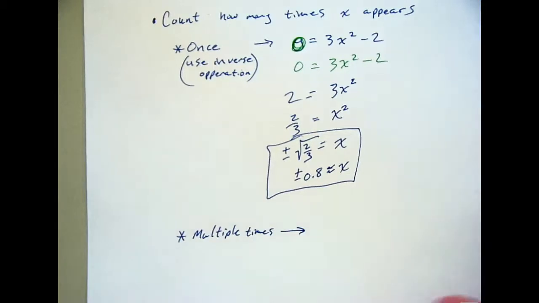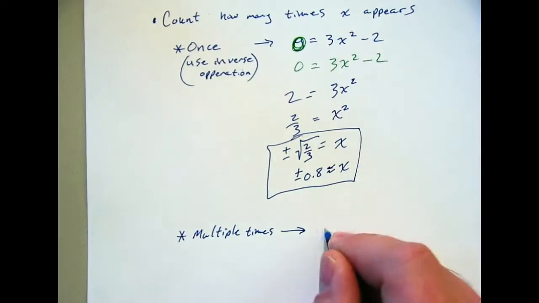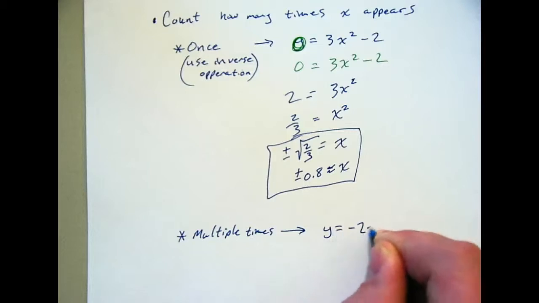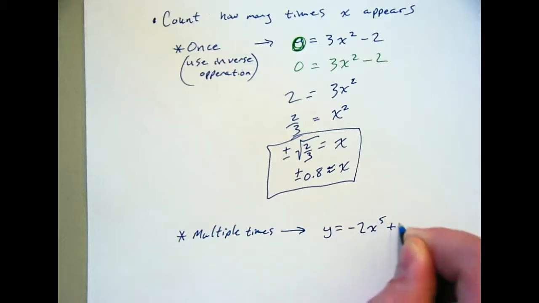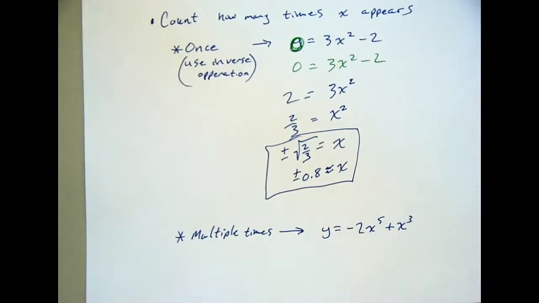The 3 hardest problems on here are 1, 2, and 4, so I'm skipping over those for now. Let's pick up like number 13. Number 13, y equals negative 2 x to the 5th plus x cubed. So x appears multiple times, but in this problem, there's only x's. Each term has an x.